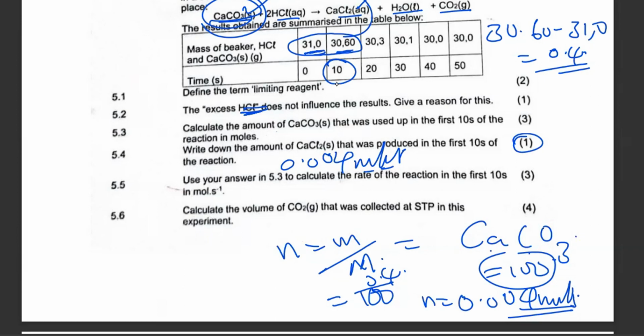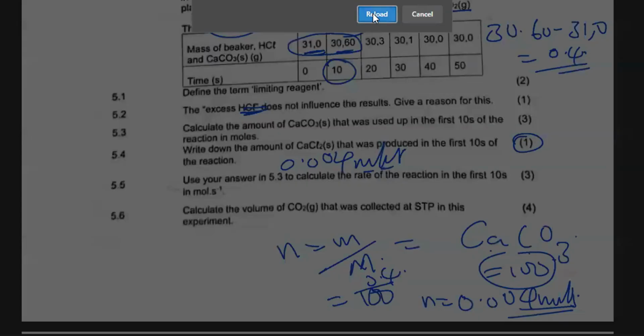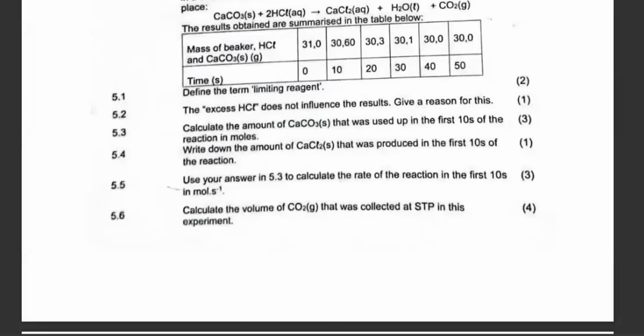Use your answer in the question above to calculate the rate of reaction at the 10th second. Remember that rate is equal to the change in the number of moles over the change in time.